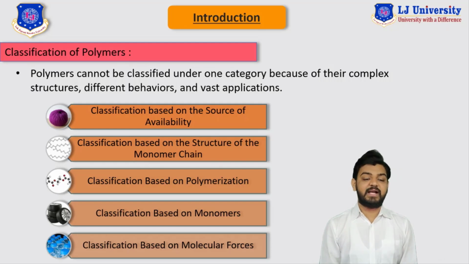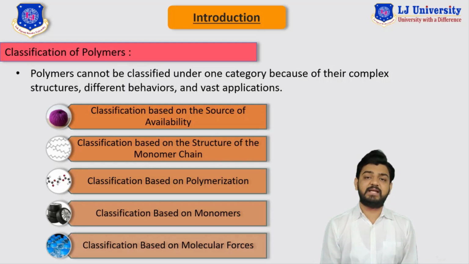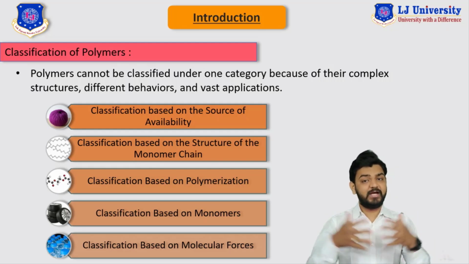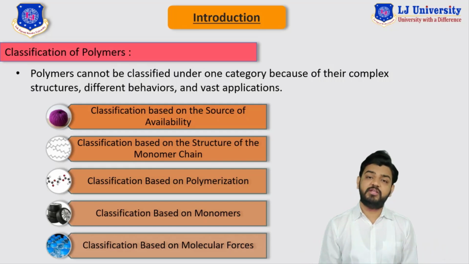Then we have classification based on the structure of the monomer chain. That is, a monomer can join another monomer to form a structured molecule, that is a polymer, in linear form or in cross-linked form. Then we have the next classification based on the polymerization process.